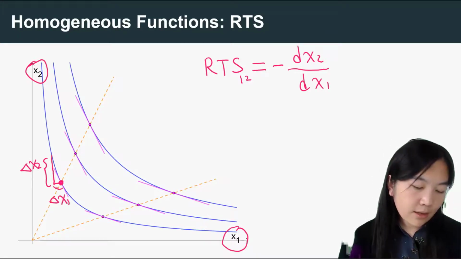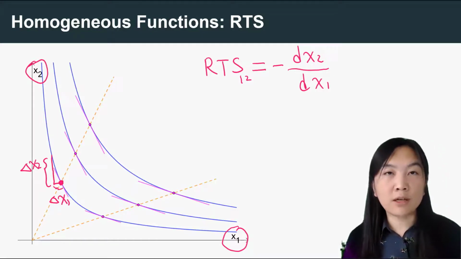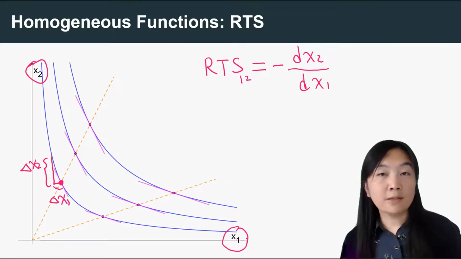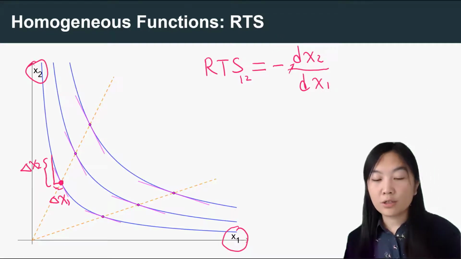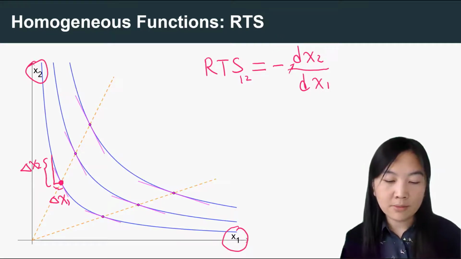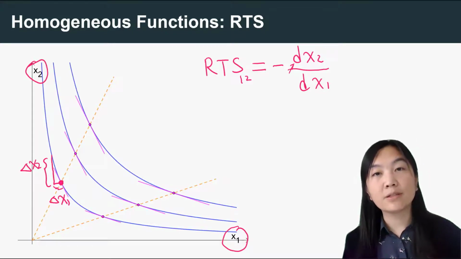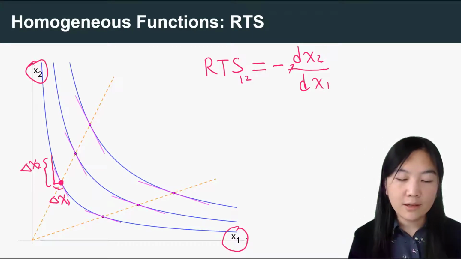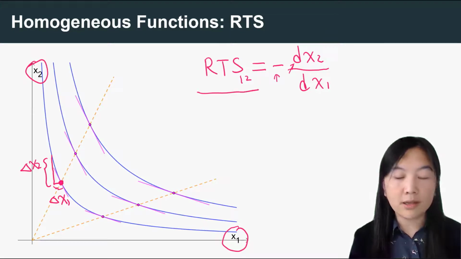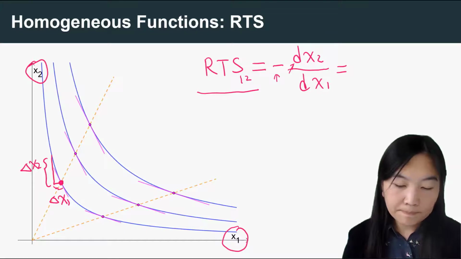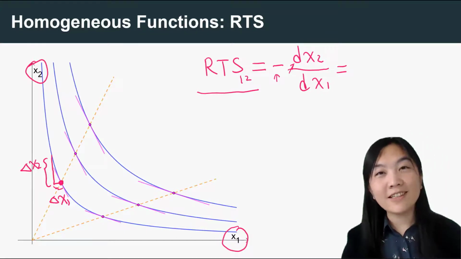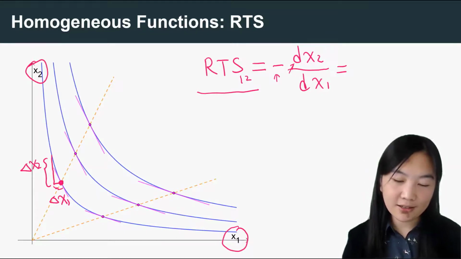And if we want to find out the derivative at that point, then we use d instead of that delta triangle there. So this is dx2 over dx1. And again, remember, because this is downward sloping, the slope is negative, so we put a negative sign in front here to make sure this number is positive.